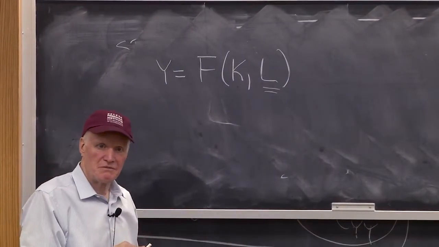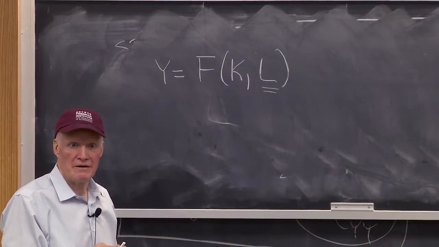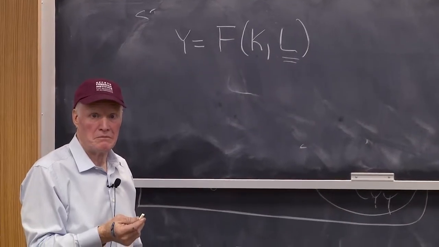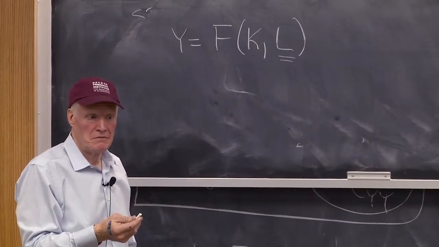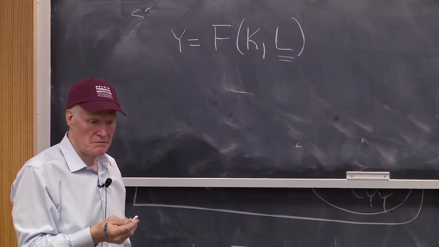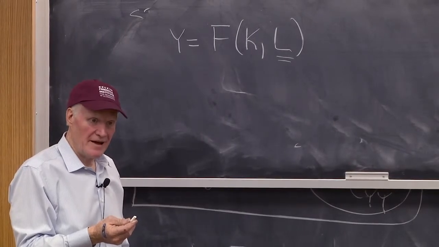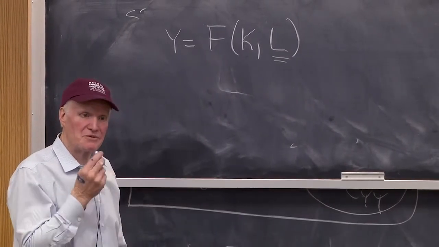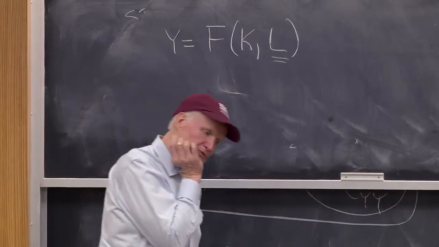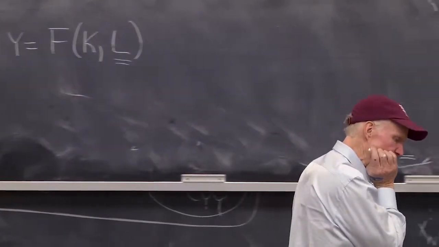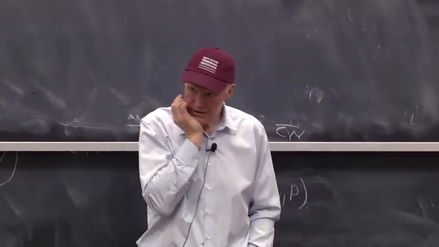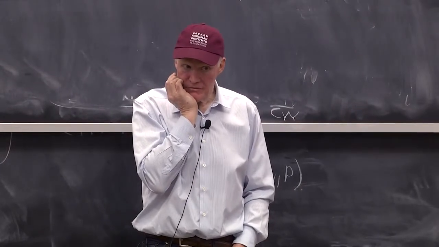Capital is measured in what? Yeah, I mean, how do we measure it, though? If we had to come up with a capital stock for a company, how would we measure it? Replacement value, so dollars.